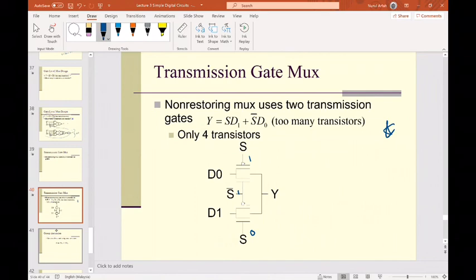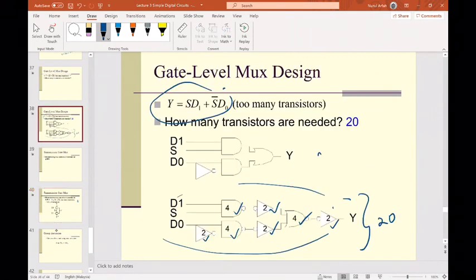So in this way, this transmission gate mux can implement the equation using 4 transistors only. Unlike the CMOS or the complementary configuration, you use 20 transistors, right? Can we go back to slide 38 for a while?